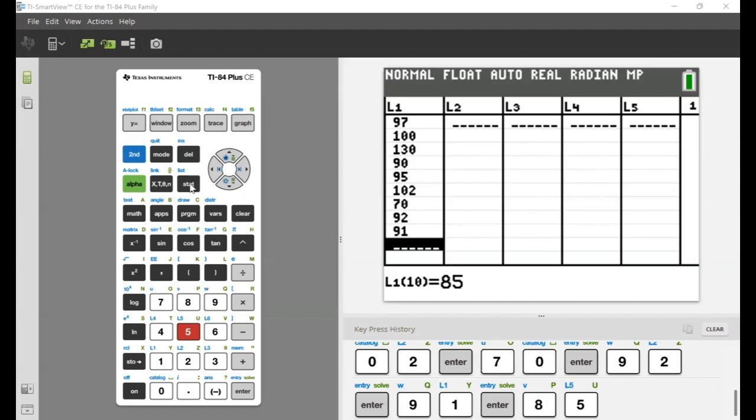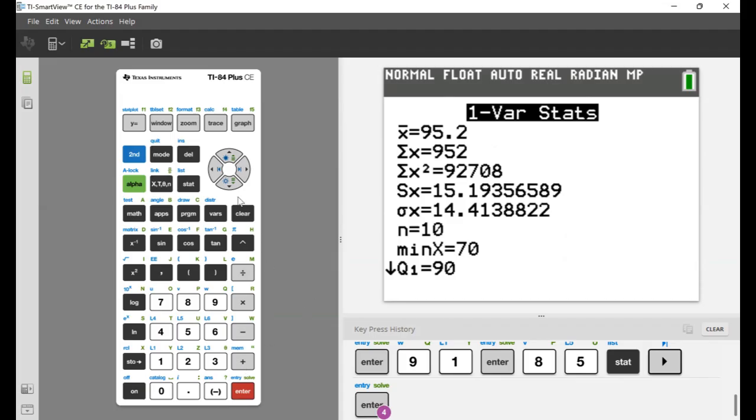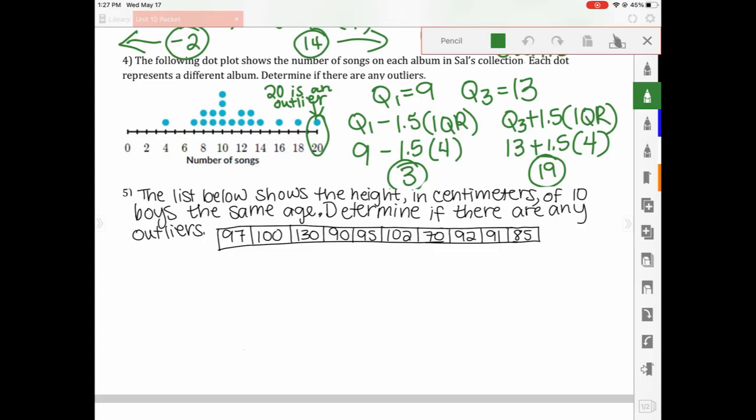So now we're going to go to Stat, over to Calc, and click on 1-Var Stats. Okay, let's see, there Q3 is 100 and our Q1 is 90. So our Q3 minus our Q1 is 100 minus 90, which gives us 10.